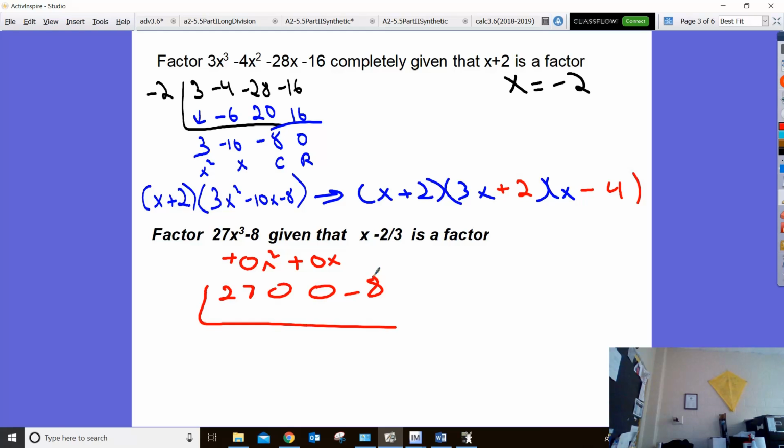Now x minus 2/3 is the factor. What does that mean x has to be? 2/3. Now, I help you guys set it up. I want you to do it. Please don't be the kid who sits there and says you don't know what to do. Are you telling me you don't know how to multiply 27 and 2/3 with a calculator? Because I've had to help kids do that today.